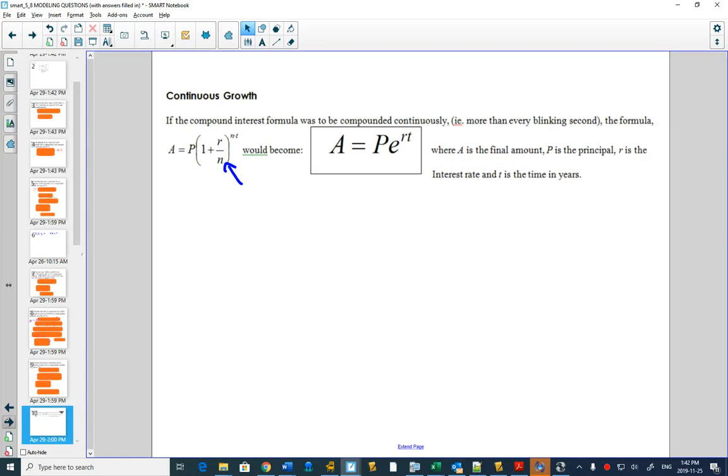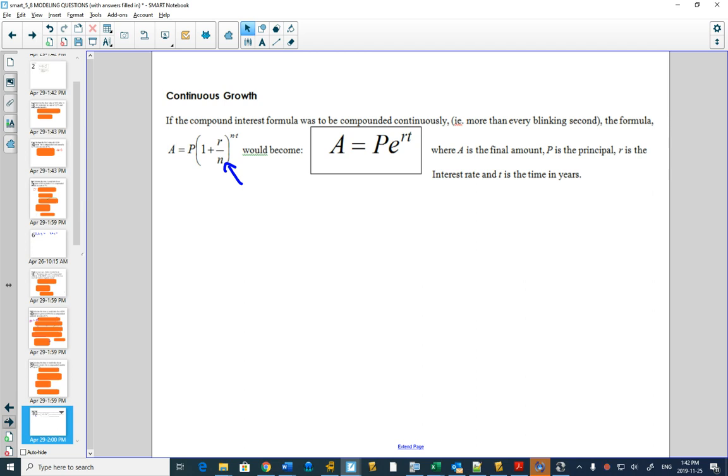Next formula. Next formula looks at what happens, and this is fascinating. What happens if the compound interest formula, we could compound it monthly. Compounding it monthly is better than if it was compounded once a year. But then you say, well, instead of compounding it monthly, wouldn't it be even better if I compounded it daily? For sure.